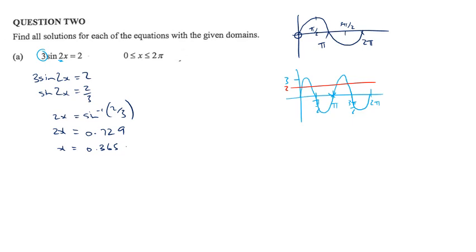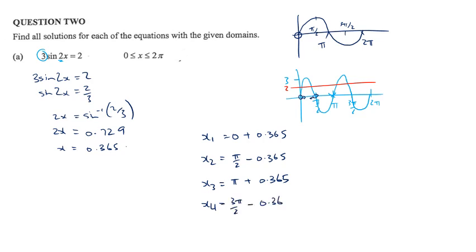Now, because my period's changed, I'm going to go that way, and I'm also going to go backwards. From my graph, I know that x1 is going to be 0 plus 0.365. x2 is going to be pi over 2 minus 0.365. x3 is pi plus 0.365, and x4 is 3 pi over 2 minus 0.365.